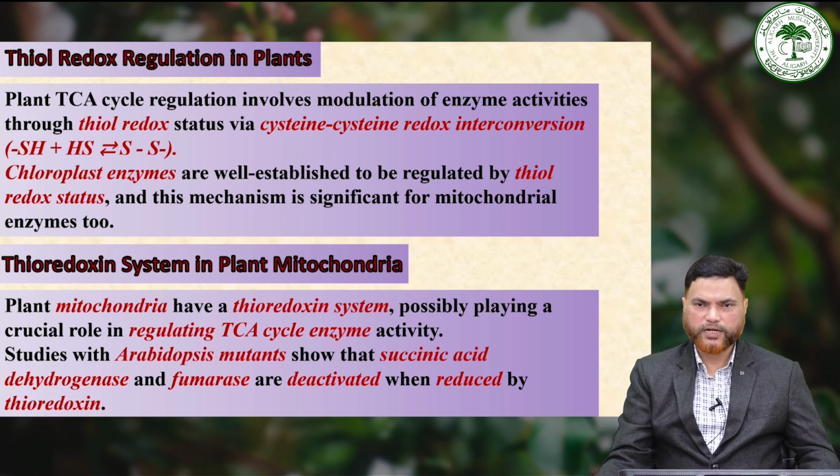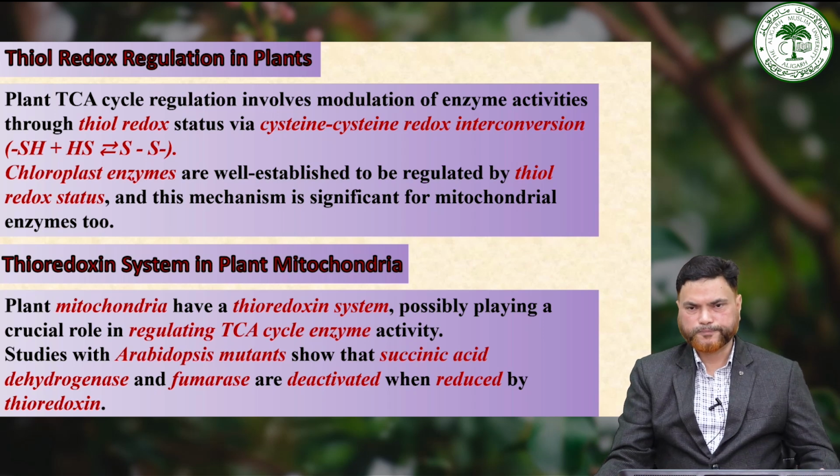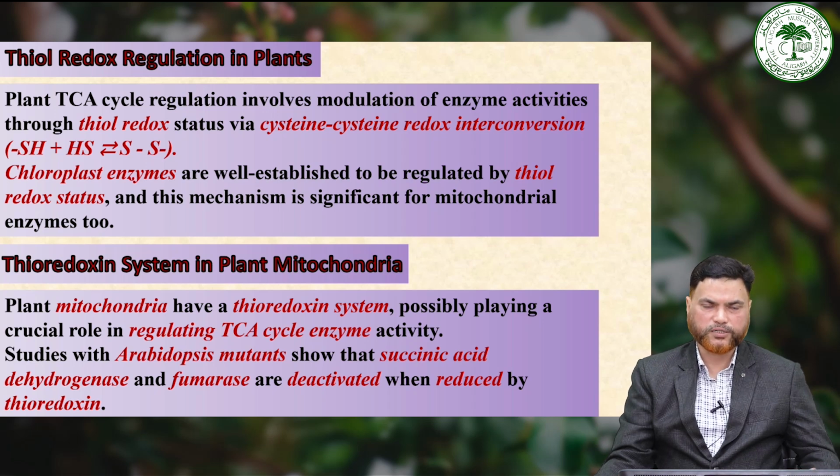Then succinate dehydrogenase, also known as complex II of the electron transport chain, participates in both the TCA cycle and the electron transport chain. It oxidizes succinate to fumarate and transfers electrons to the respiratory chain. Thiol redox regulation therefore impacts the activity of SDH, influencing the overall efficiency of the TCA cycle and electron transport chain.